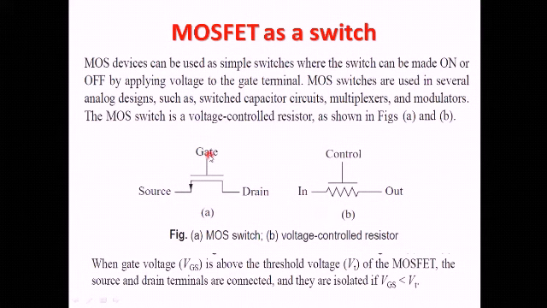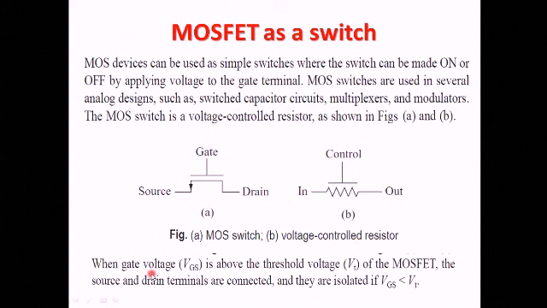You can see that this is the gate, source and drain, and this one is the control. The gate acts as a control, the source acts as the input, and the output is the drain, that is, it acts as a voltage control resistor, and there is a resistor symbol here. That's why it is a voltage control resistor.